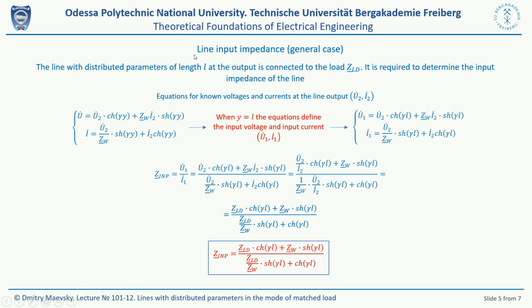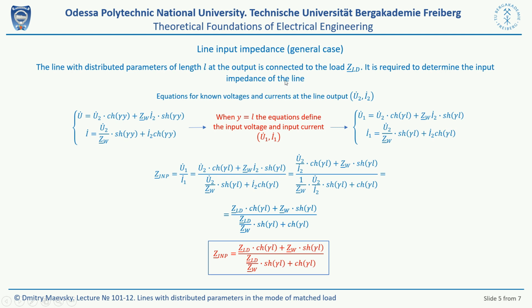Now let's talk about another interesting aspect related to the input impedance of a line in a matched load mode. But let's start, as always, with a general case. Let's consider a line with distributed parameters with a known length L loaded with a known load impedance ZLD. Let's find the input impedance of our line.